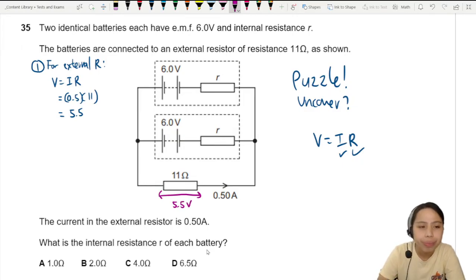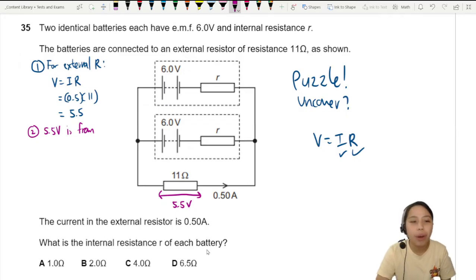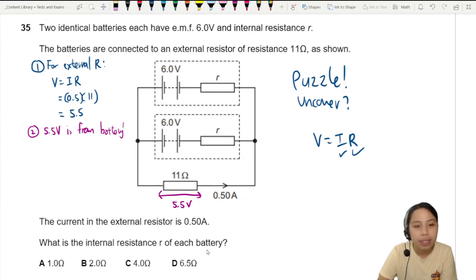Very good. We know that the external resistor will receive 5.5 volts. Number two, you need to know that this 5.5 volts is from the whole circuit. Also, it's from the battery's power.